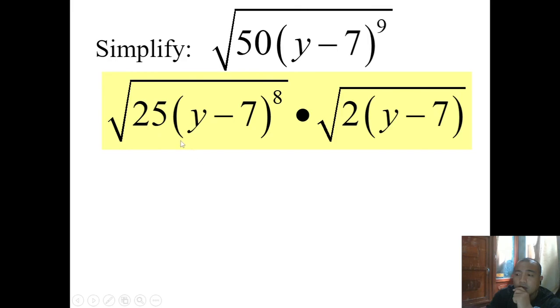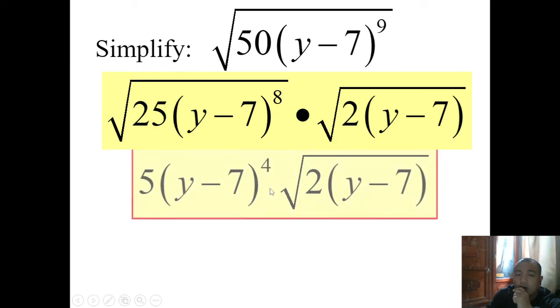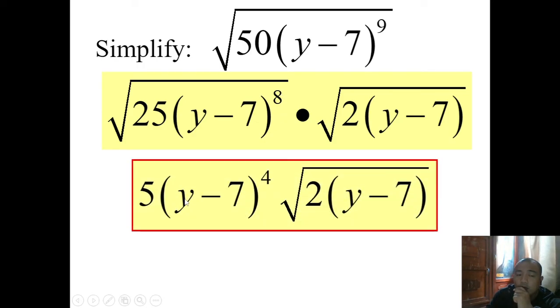Square root of 25 is 5. Then y minus 7 raised to 8: 8 divided by 2 is 4, so the exponent becomes 4. So 5 times the quantity y minus 7 raised to 4 times the square root of 2 times quantity y minus 7.